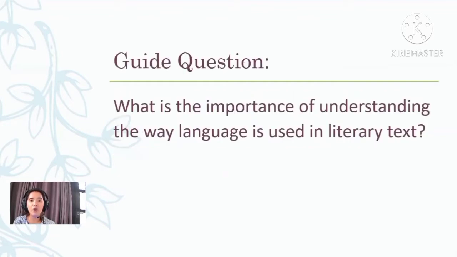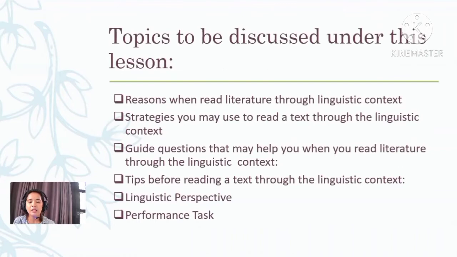Now, as we go on and understand lesson number 6, which is about the linguistic context, this will be our guide question. What is the importance of understanding the way language is used in literary text? So, these will be the topics to be discussed. First, what are the reasons why we need to read literature through linguistic context?